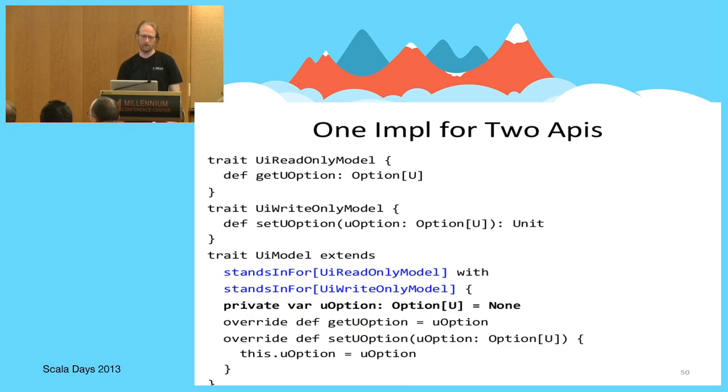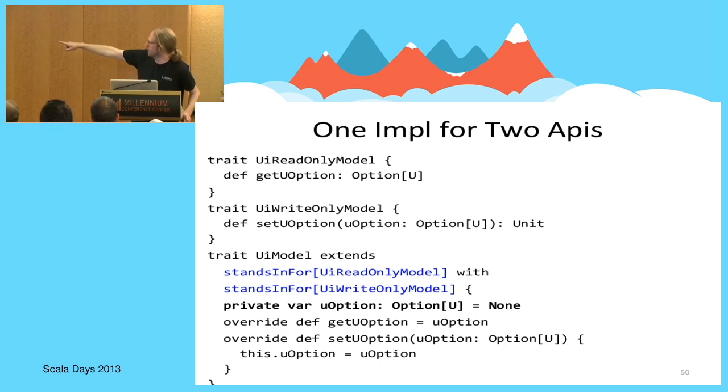Here's another example. Let's say we're doing CQRS and we want to separate out the read side of our model from the write side of our model. But the model may evolve over time so that these 2 sides diverge. For the time being, they're both being backed by the same var that I've put in bold here.